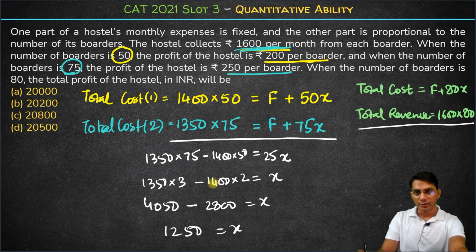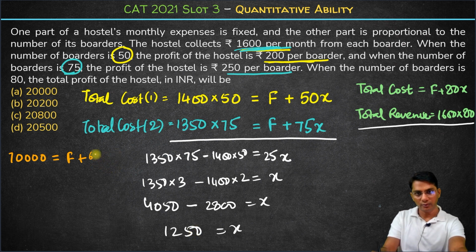Okay. So now if x is 1250, what about f? The value of f can also be calculated. F will be equal to 1400 into 50. So 14 into 5 is 70, so 70,000. This is equal to f plus 50 into 1250. Now 50 into 1200 will be 60,000, plus 50 into 50 is 2500.